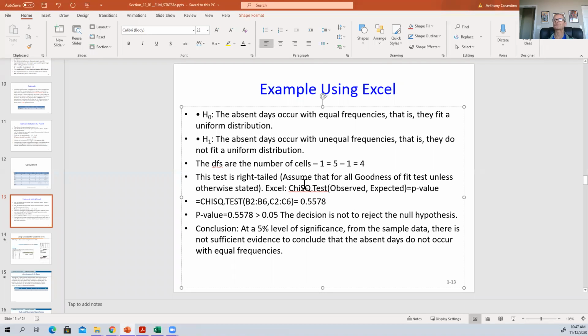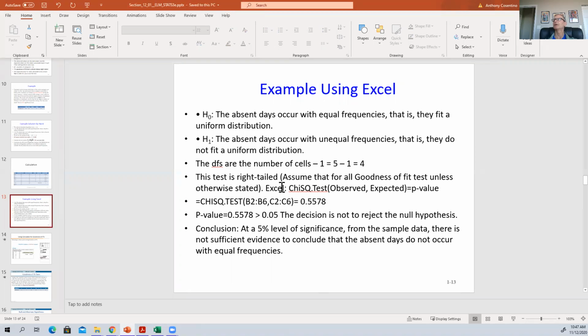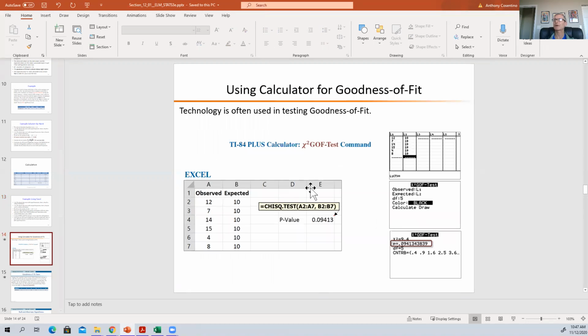You can see again the test statistic and p-value. There's also a calculator command: if you look at your TI-84 or 83 calculator, there is a command called chi-square GOF test.